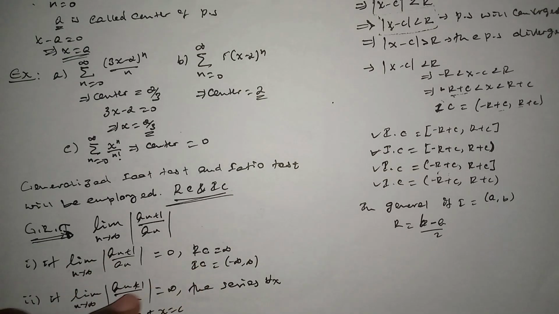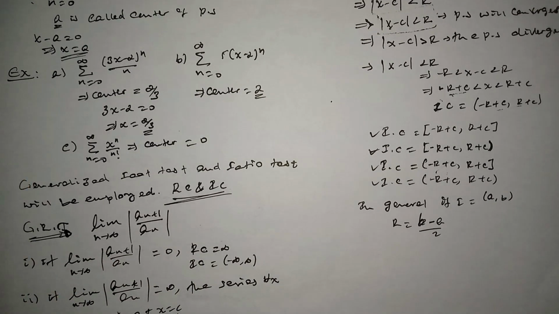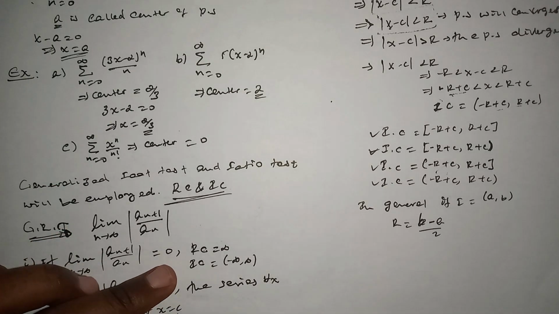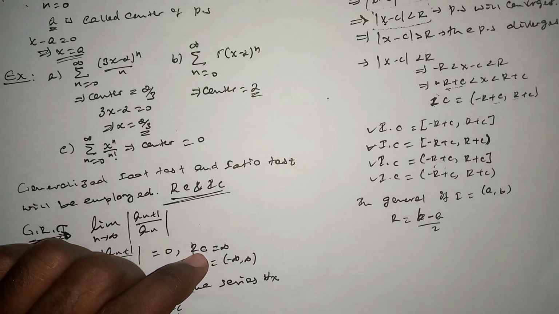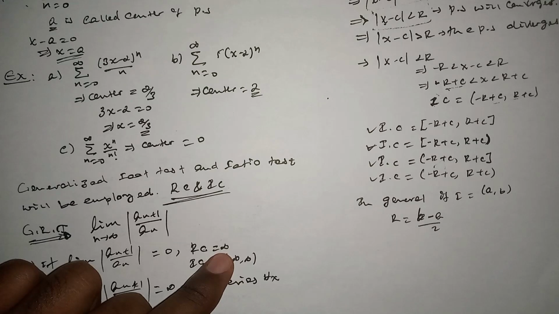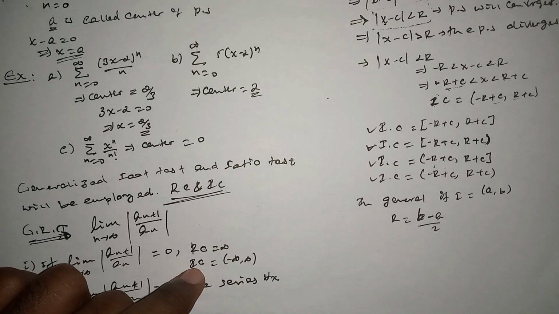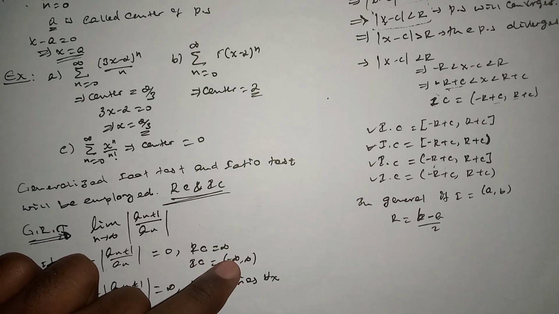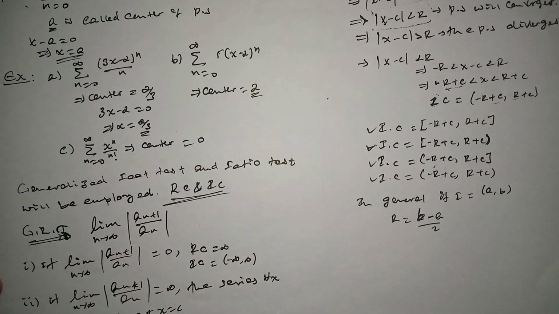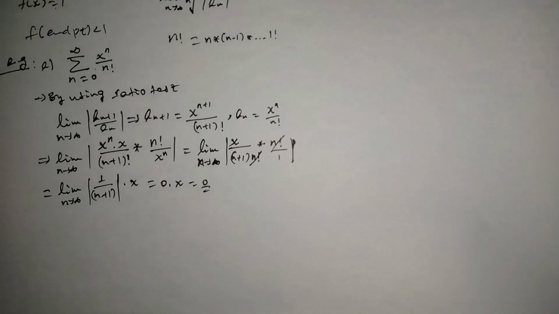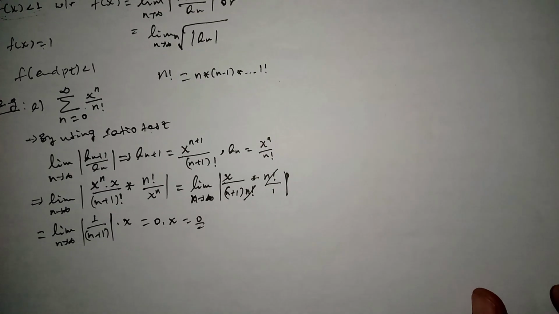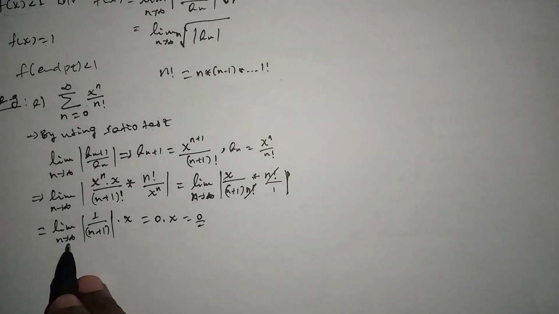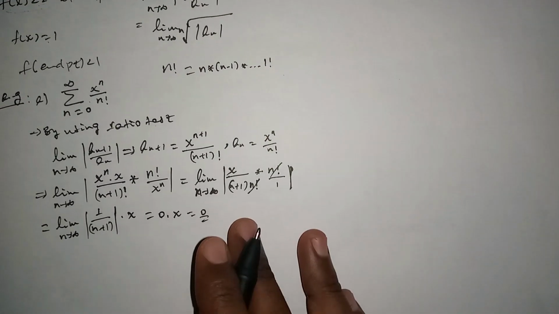From this case, if the result of the generalized ratio test becomes 0, then the radius of convergence will equal infinity, and the interval of convergence becomes from negative infinity to positive infinity. So here we obtained the result of our limit as 0.